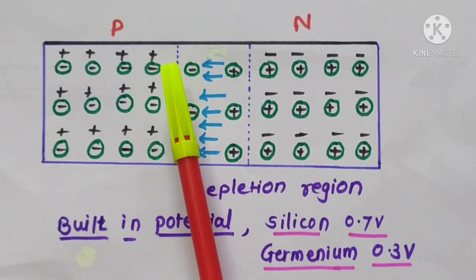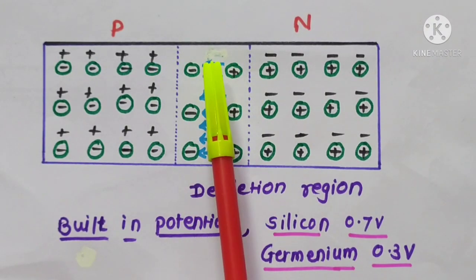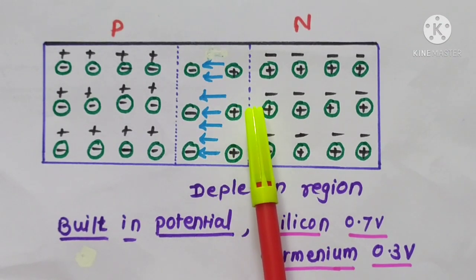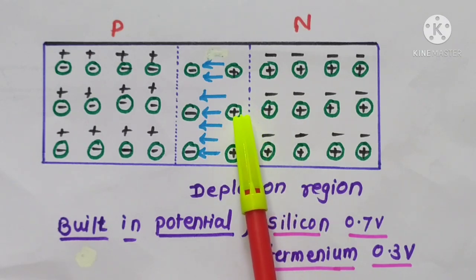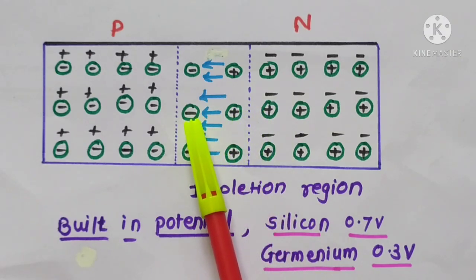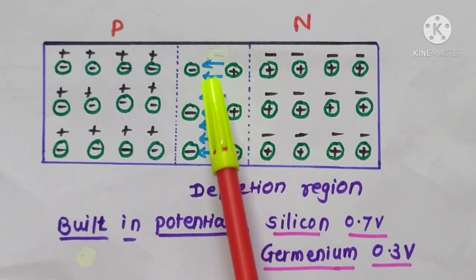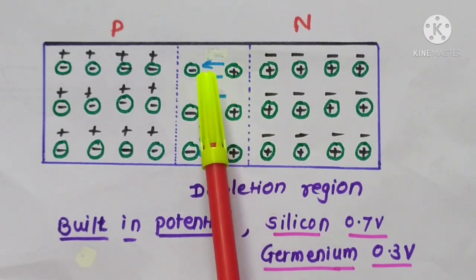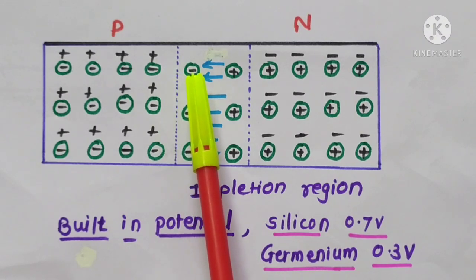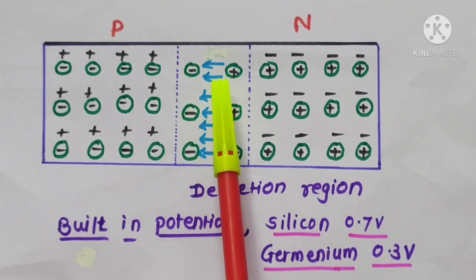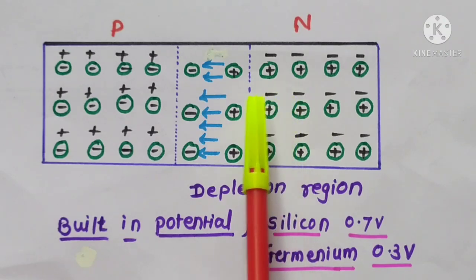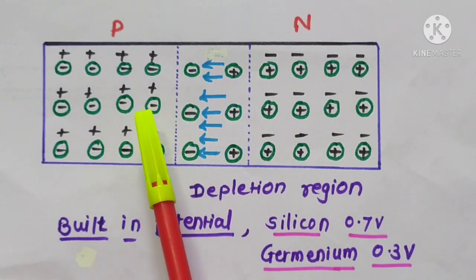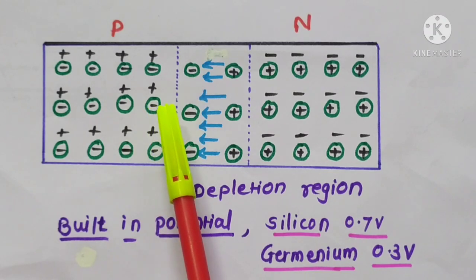Now, in this depletion region, these ions set up an electric field. These fields point from positively charged ions towards negatively charged ions. You can see in this diagram the arrow shown from positive to negative direction. Due to this electric field, only a few electrons from the n side are able to cross the depletion region, and the same is true for the holes in the p side.